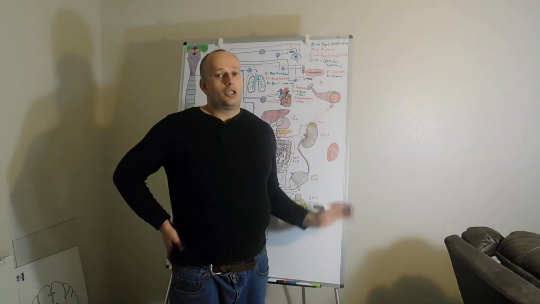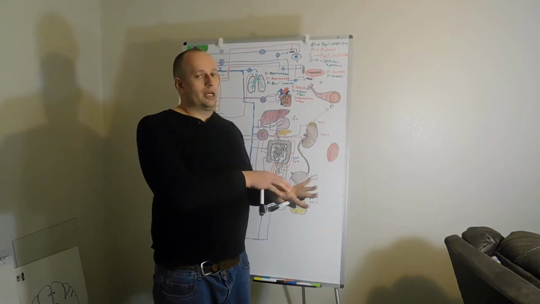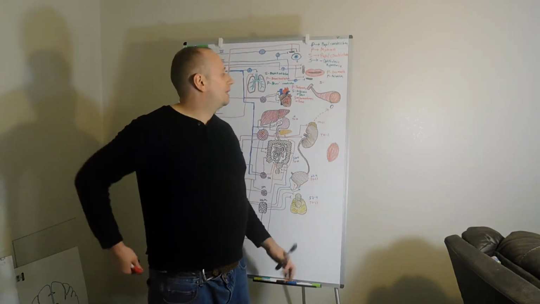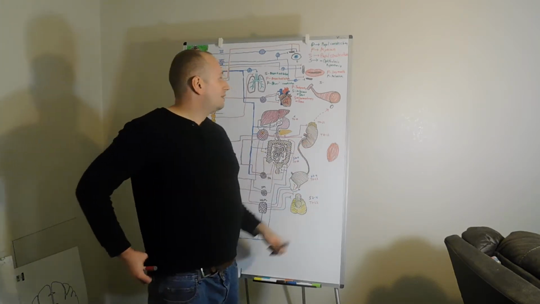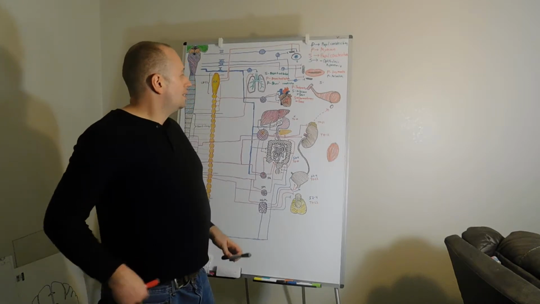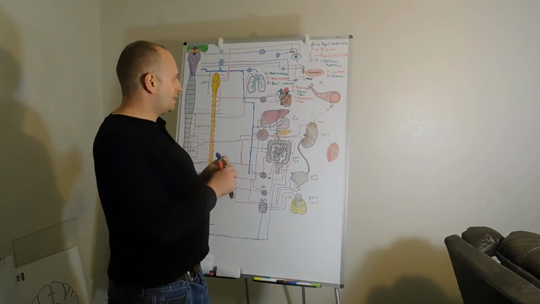But just do that and not necessarily constrict your arterioles like in your periphery. But I don't know if that's ever really prescribed or used medically, but theoretically that's what it would do. So I'll say sympathetic activation increases blood pressure.